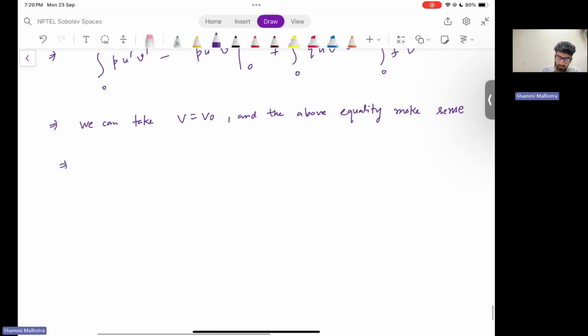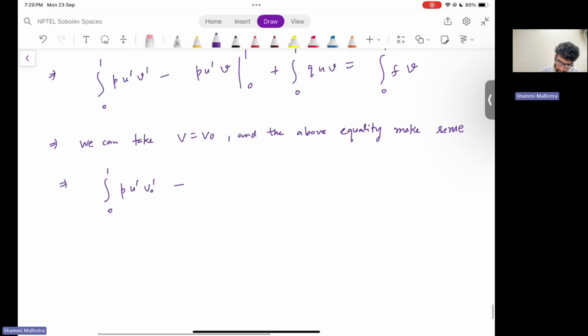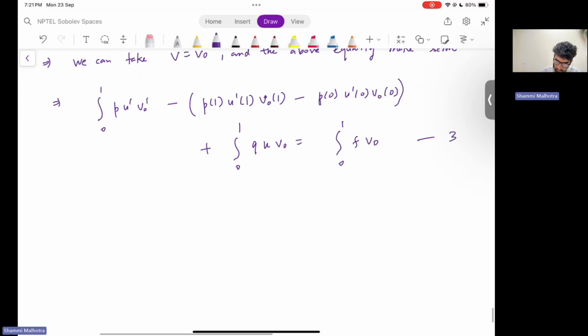So this actually will imply that this equality holds: integration 0 to 1 p of u' v naught', minus p(1) u'(1) v naught(1) plus p(0) u'(0) v naught(0), then plus integration 0 to 1 q of u v naught equals integration 0 to 1 f v naught. So let's name this to be 3.